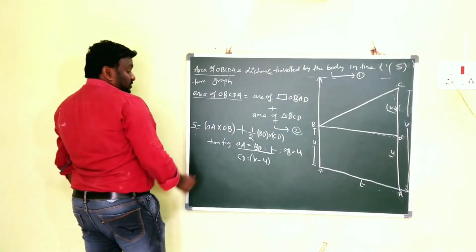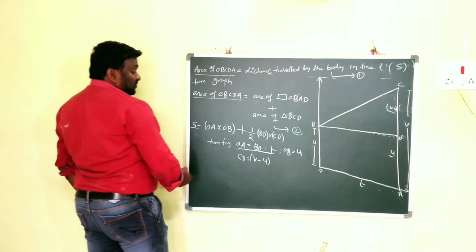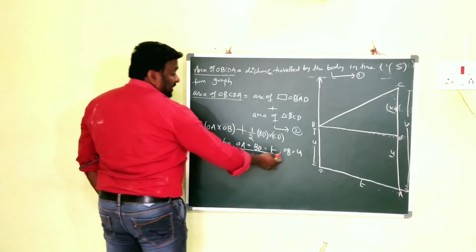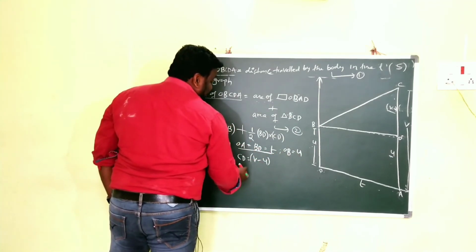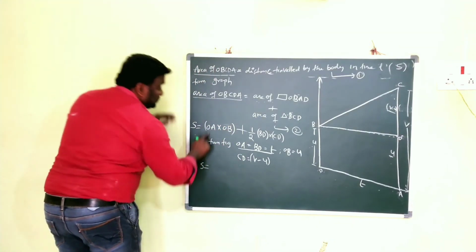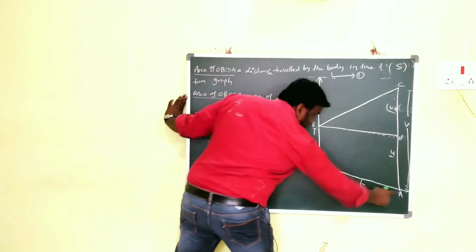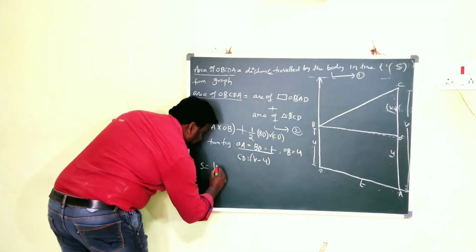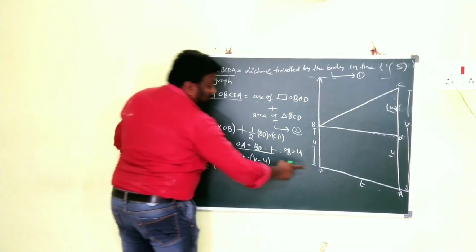Clear? So now we have to substitute all the values. From the figure, OA is equal to BD, OB is equal to U, and CD is equal to V minus U. Substitute there. S is equal to, what is the OA value? T. OB value is what?